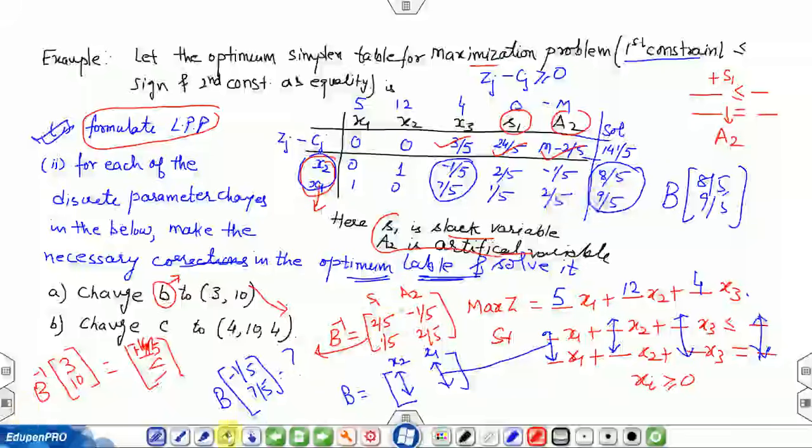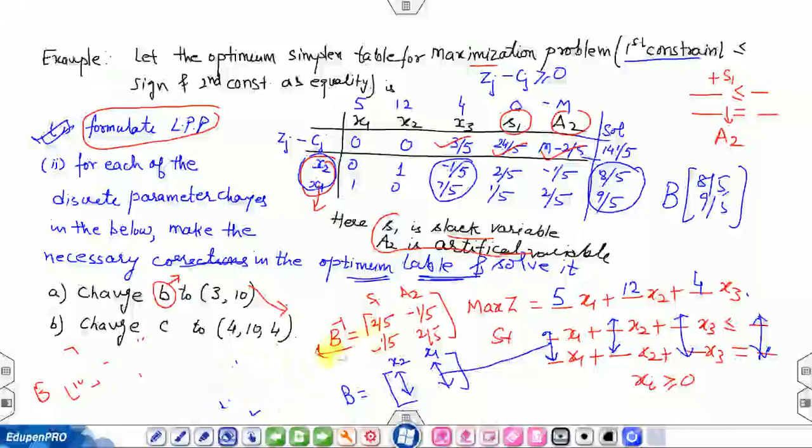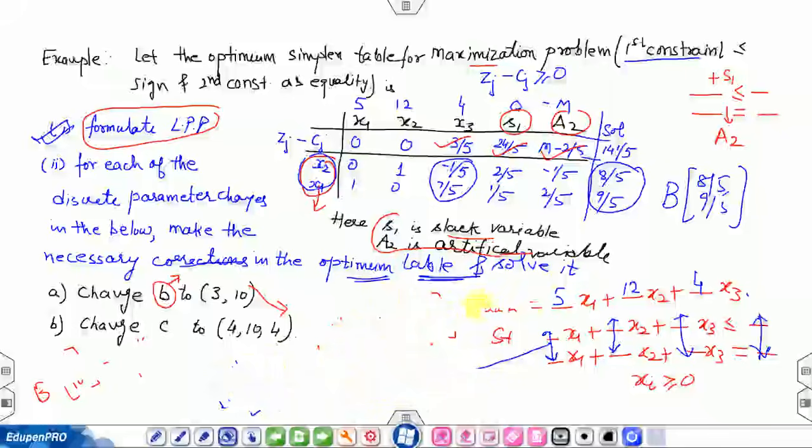Second, you have to change C, the cost vector. Remember, when you're talking about the cost vector, there is no role of B inverse, only my Zj minus Cj.